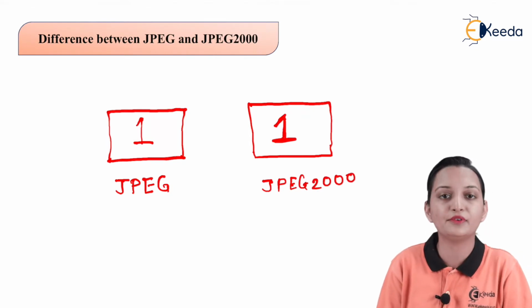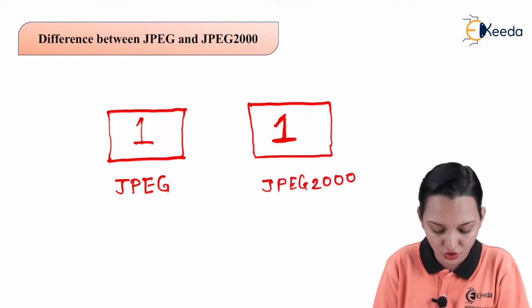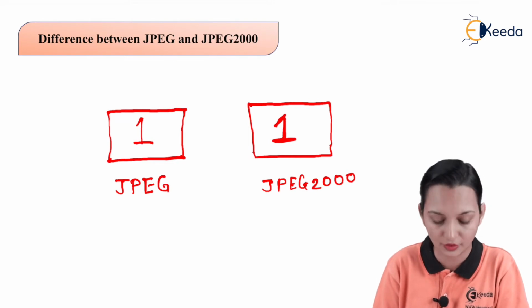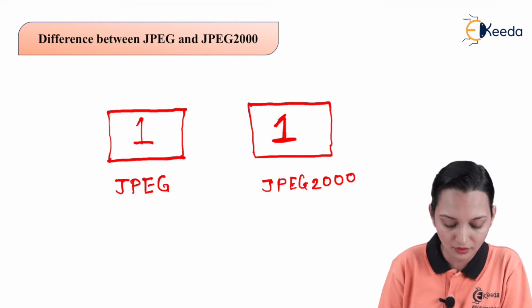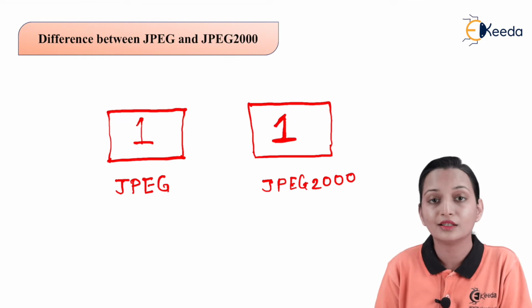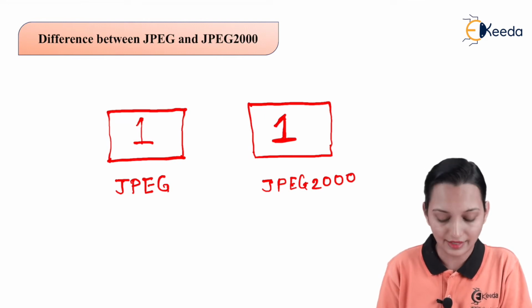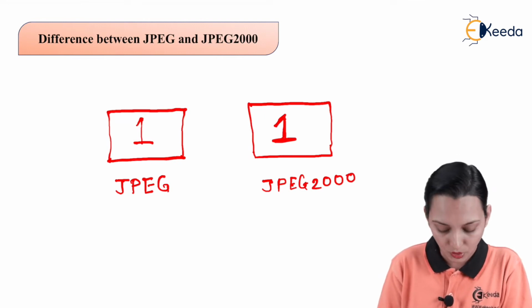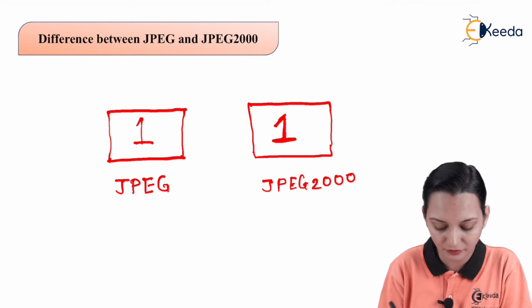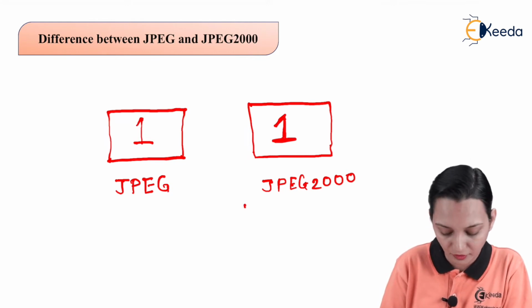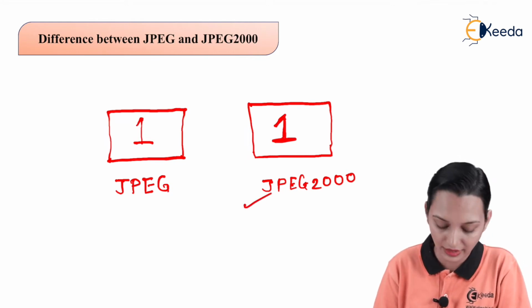So the highly efficient output you can achieve with the help of JPEG 2000, and whatever we see here is very light as compared to this. The highly efficient output we can achieve only with the help of this particular method or technique.